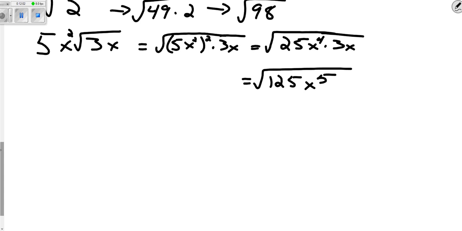I multiply here, and then add here. All those darn exponent rules that I made you guys learn last year are coming back to haunt you. So you do 25 times 3 and then you added the x's. Yeah. The rule for multiplying exponents is you add the numbers up.